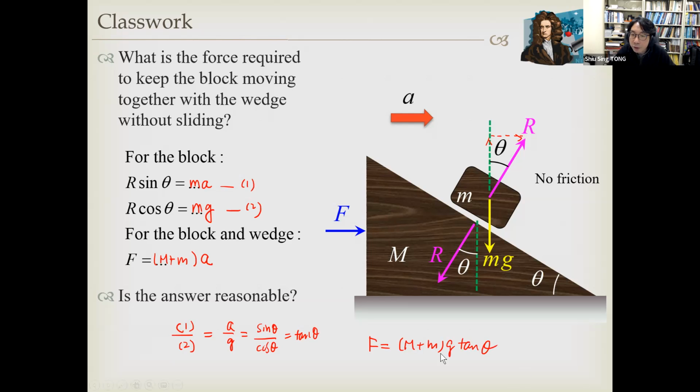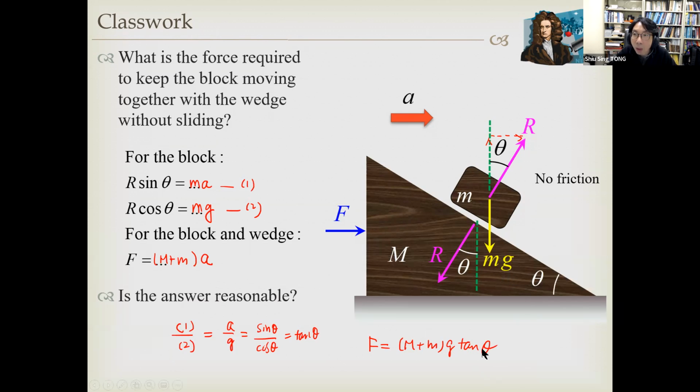Now I would like to ask if this result is reasonable. I think you should always check whether your calculation result is reasonable. For example, I can take some limiting case, where the wedge is nearly horizontal.